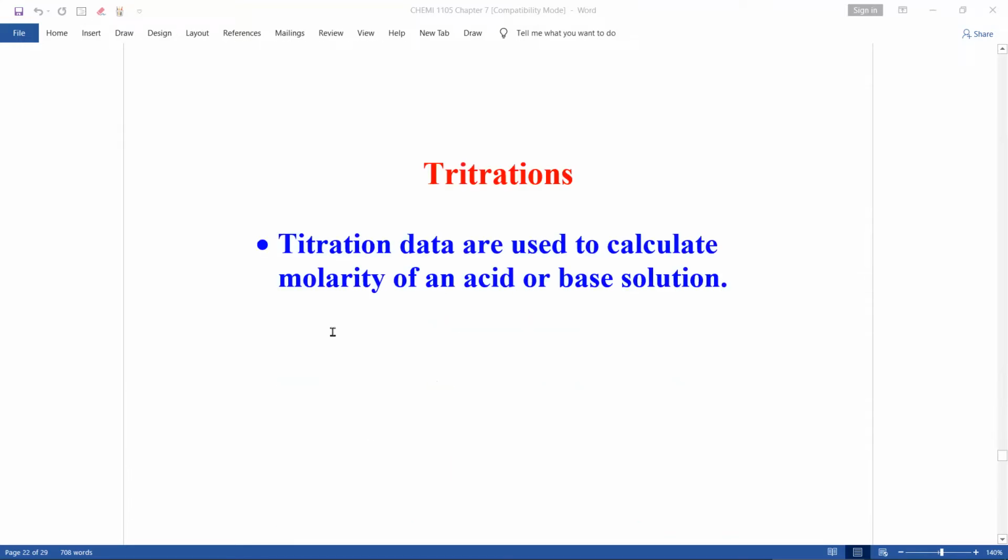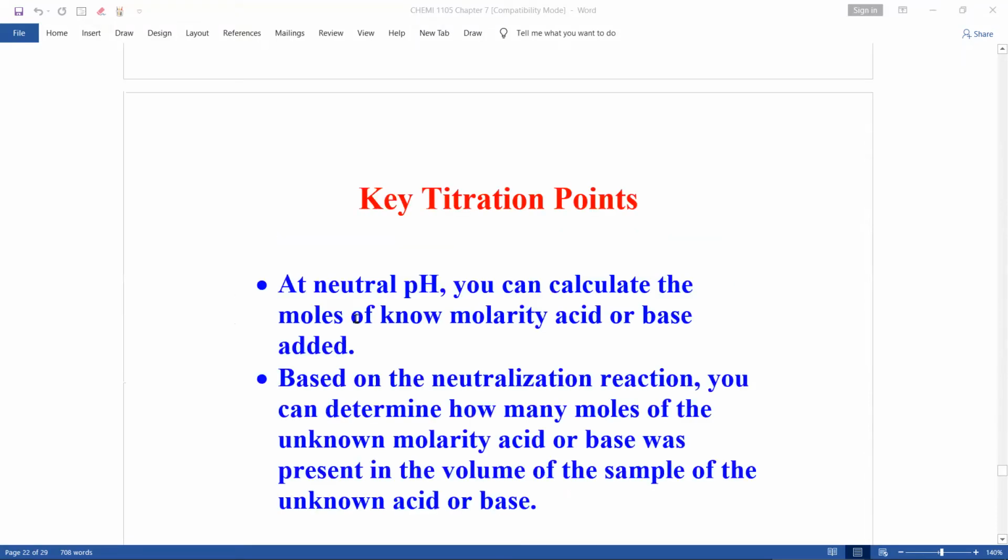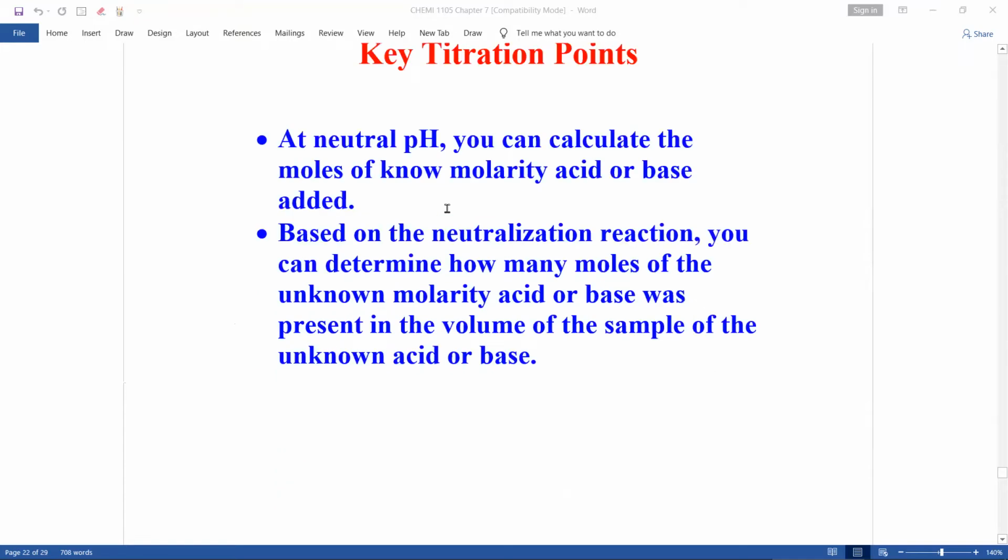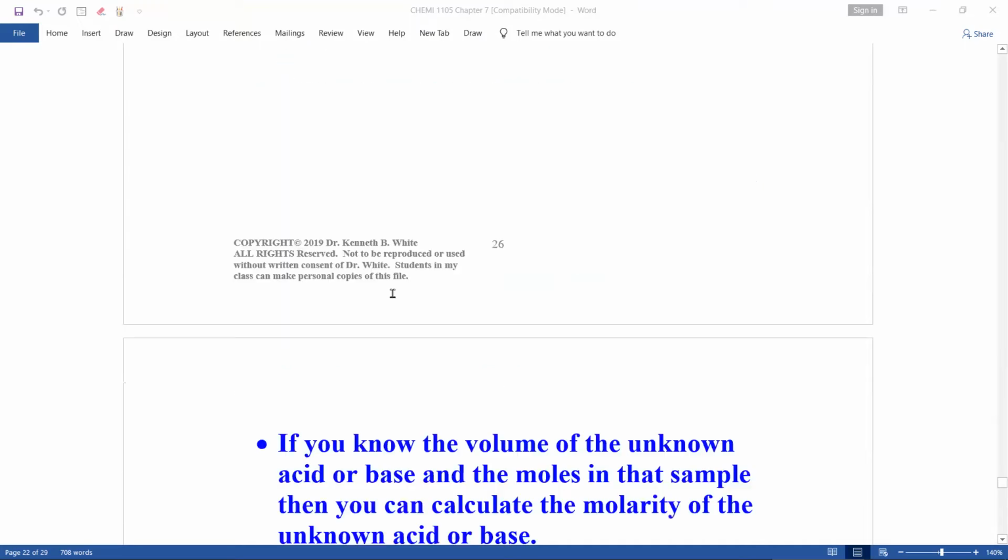Titration data are used to calculate the molarity of the unknown acid or base. At neutralization, you calculate moles of known molarity acid or base, and based on this, you can determine how many moles and therefore the molarity based on the volume.